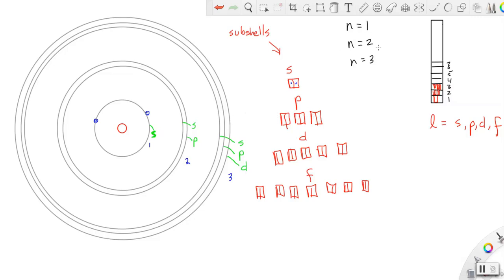So once we go up to n equals 2, we can't do anything else with n equals 1. There are no more shells, no more places for electrons. We go up to n equals 2, and we now have an S and a P that we can deal with. The first one we'll put 2 electrons on, and the P we can put 6 electrons on, so we'll do that.